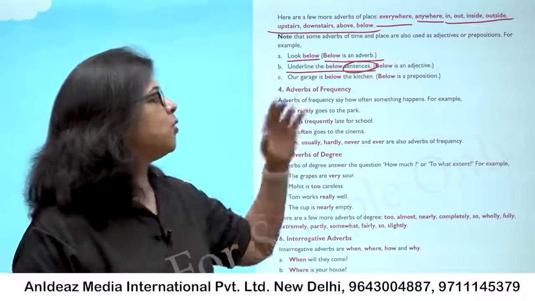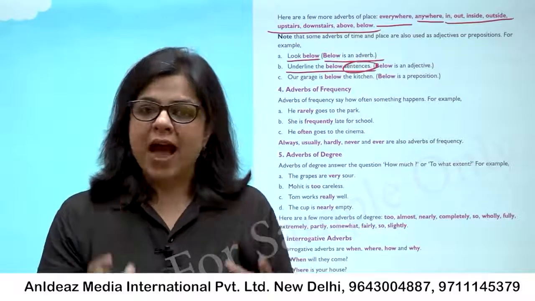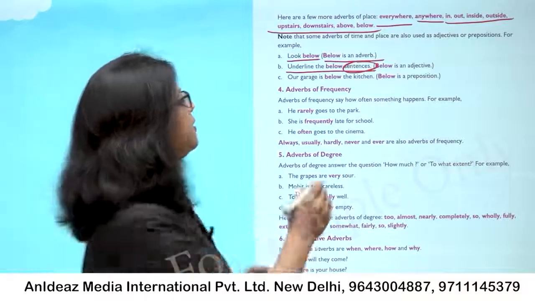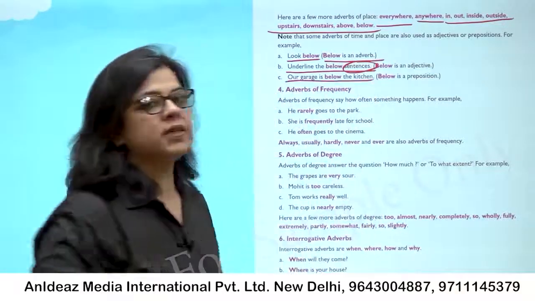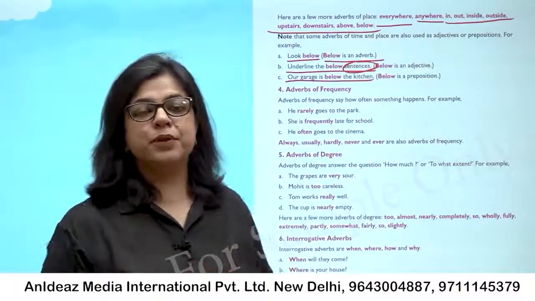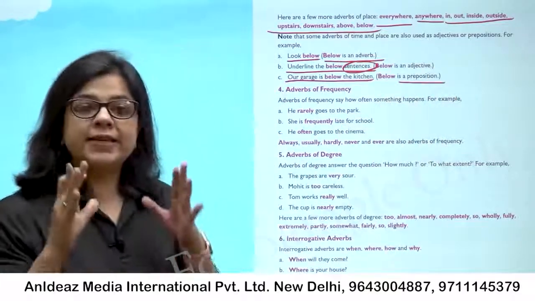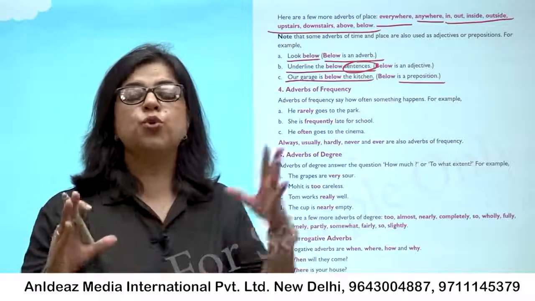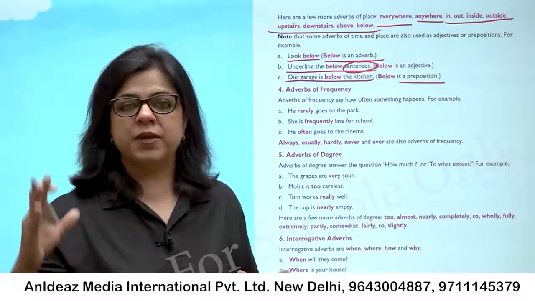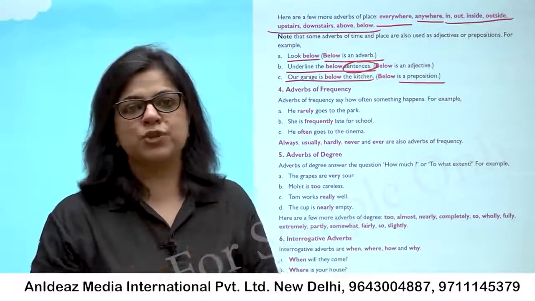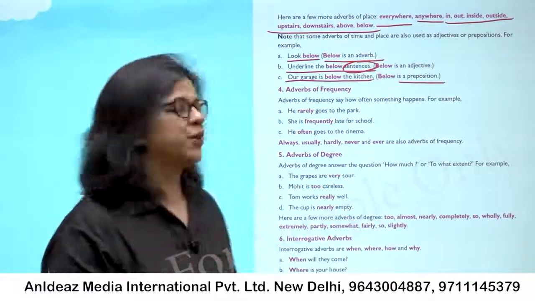So, here, below becomes an adjective. In the next example, our garage is below the kitchen. In this example, below is a preposition because it tells the relation of two nouns, the relation between garage and the kitchen. So it becomes a preposition, not an adverb.